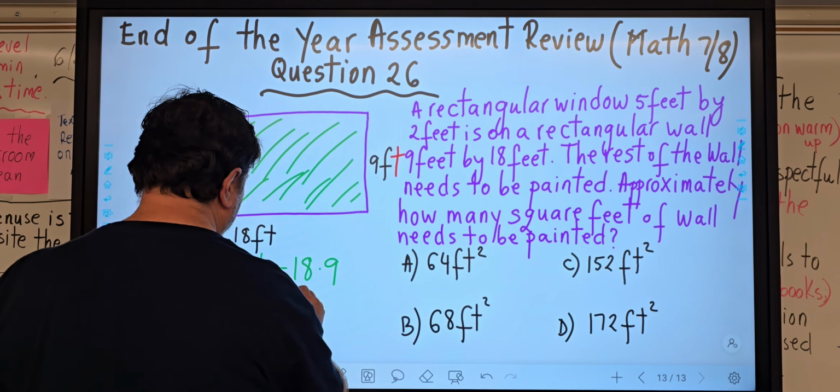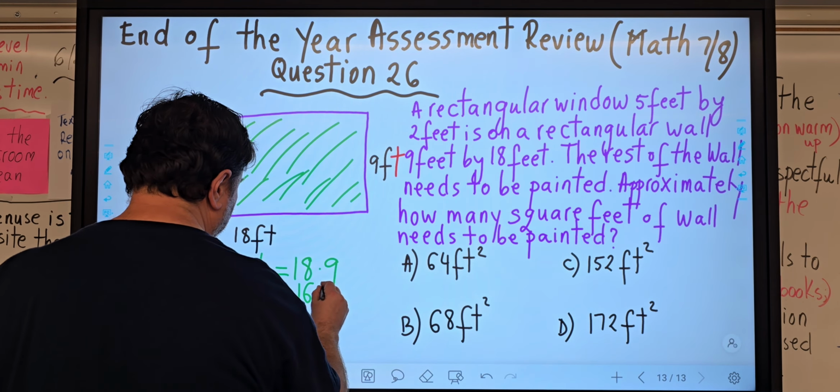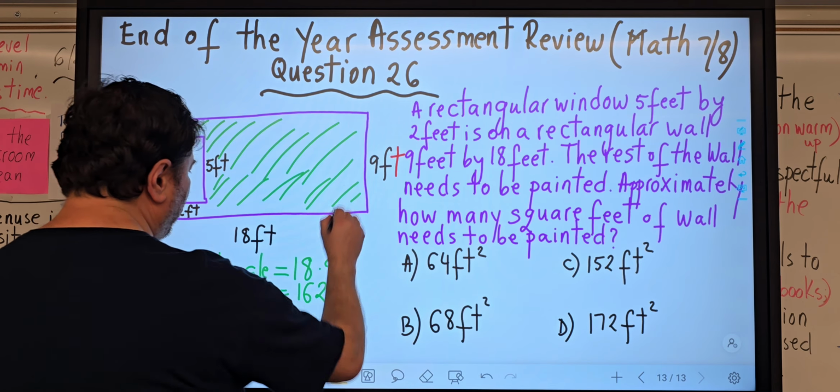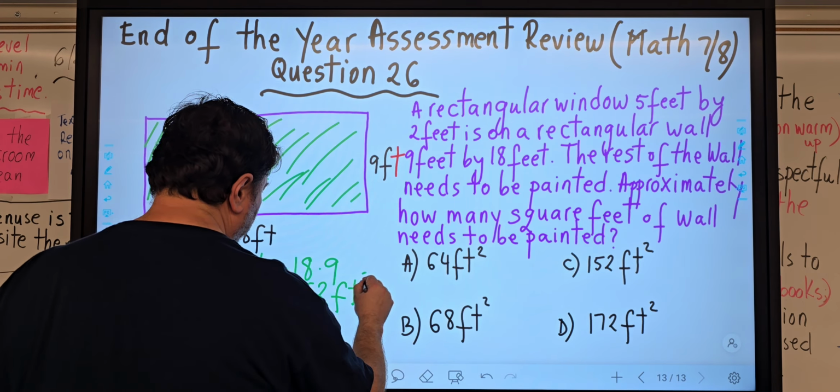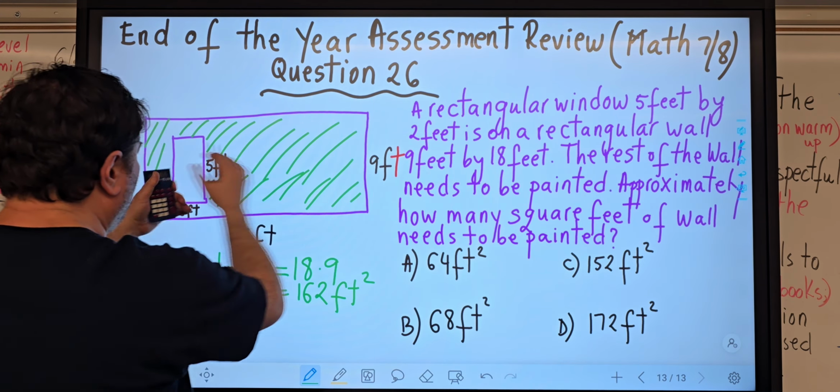So here we get 162, and don't forget feet square, that's the area of the big wall.